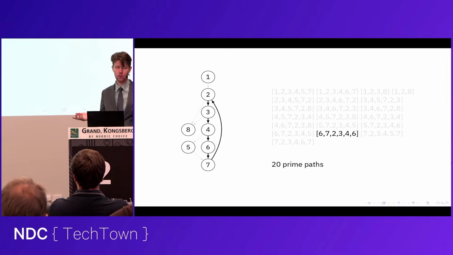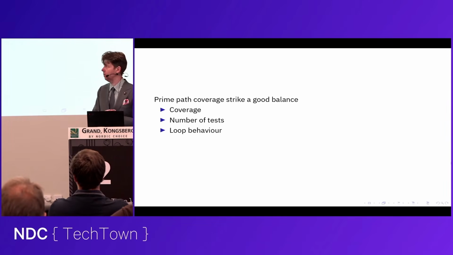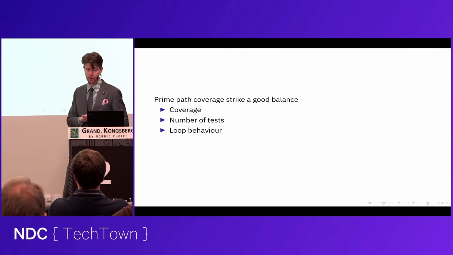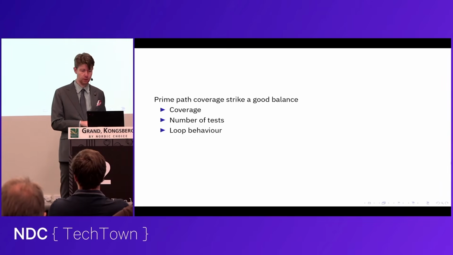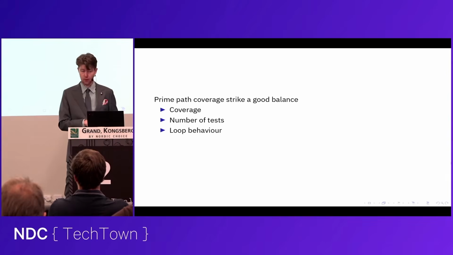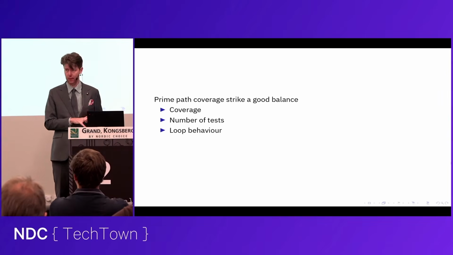So you searched it, you didn't find it, you reduce the search space from the top, and then you try again. In practice, prime path coverage will strike a good balance between the cost of coverage, the quality of the coverage, the number of tests that you need, and capturing loop behavior.